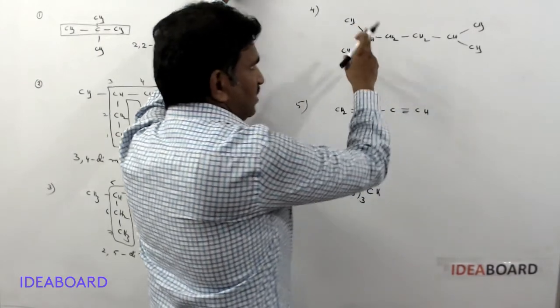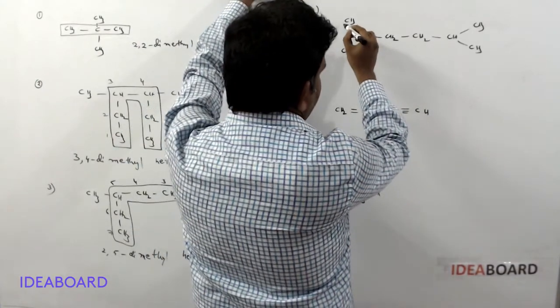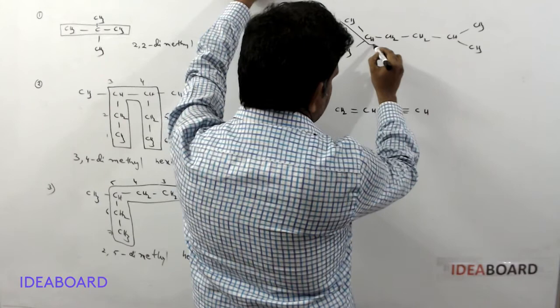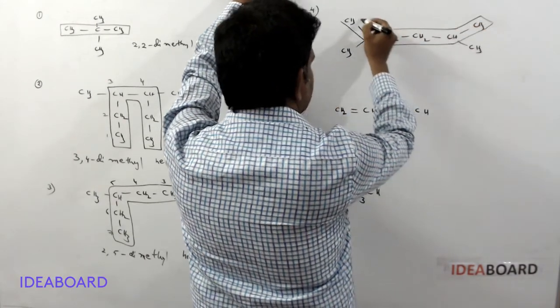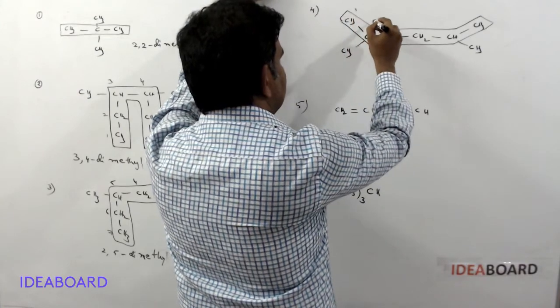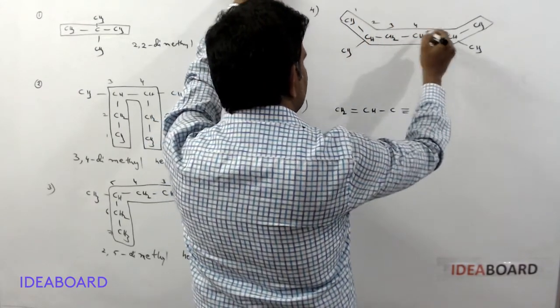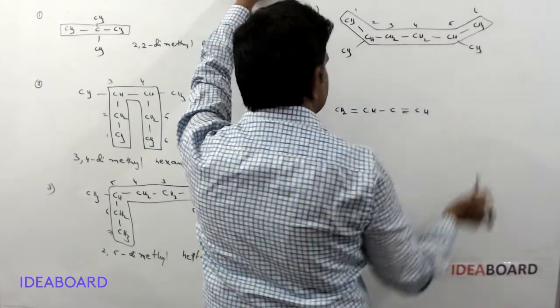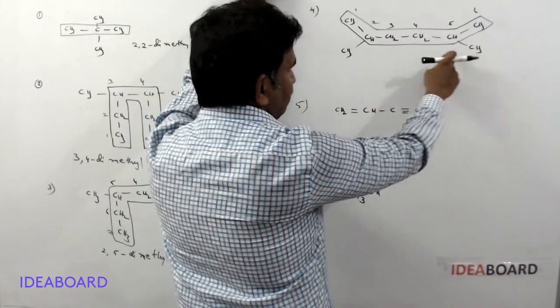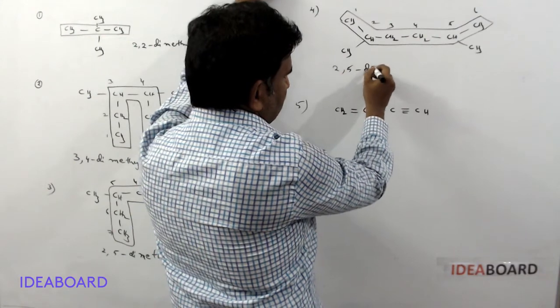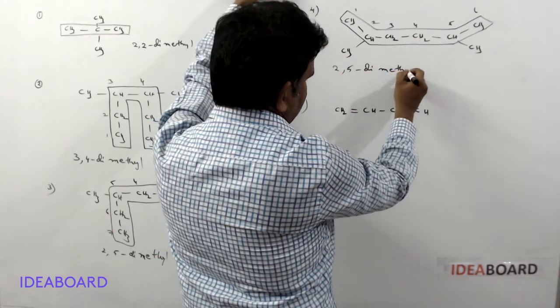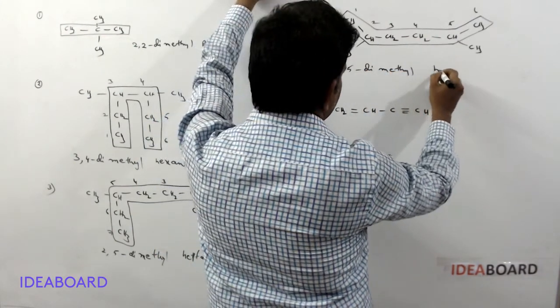Here it looks like an iso group, but the parent chain must be taken like this. This is the parent chain, and then here 1, here 2, 3, 4, 5, 6. At the second place and fifth place we have methyl groups. So 2,5-dimethyl hexane.